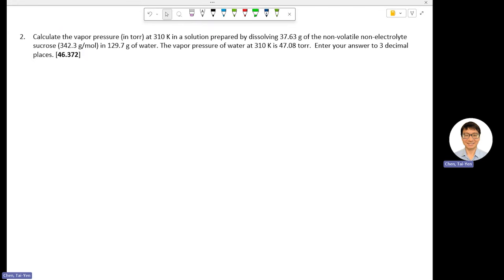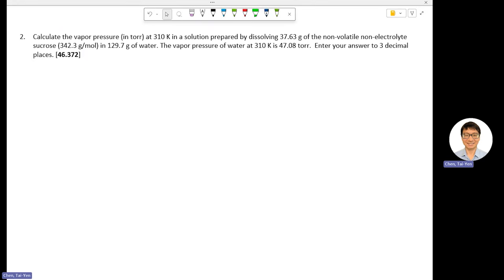The vapor pressure of water at that temperature is 47.08 torr. Okay, what's the keyword? Yes, vapor pressure. Every time you see vapor pressure, you know it's a colligative property, right?